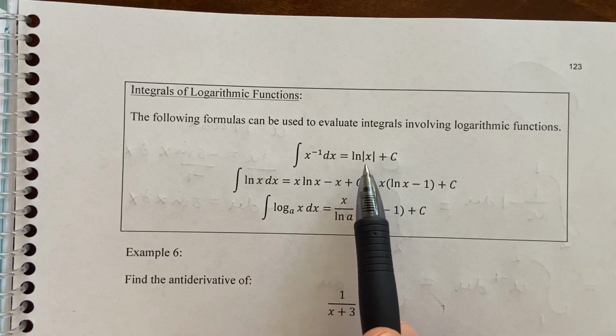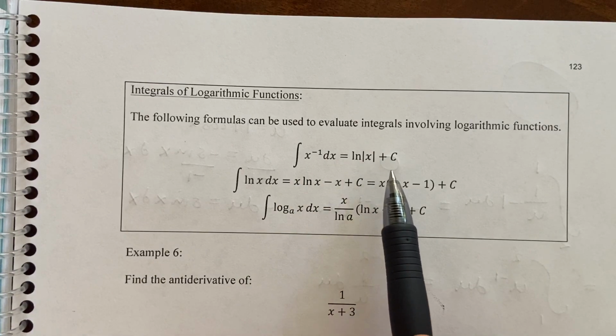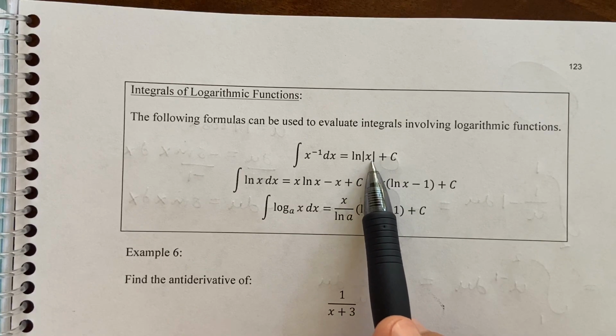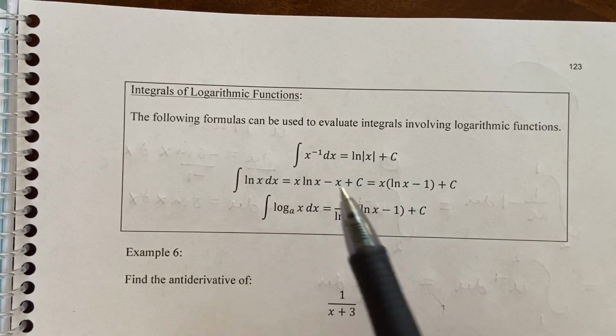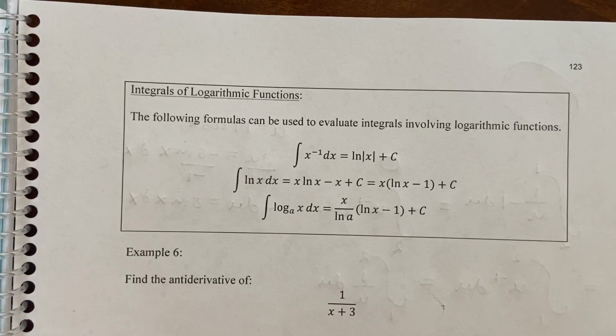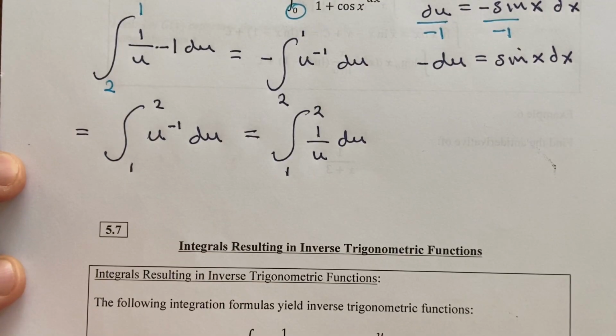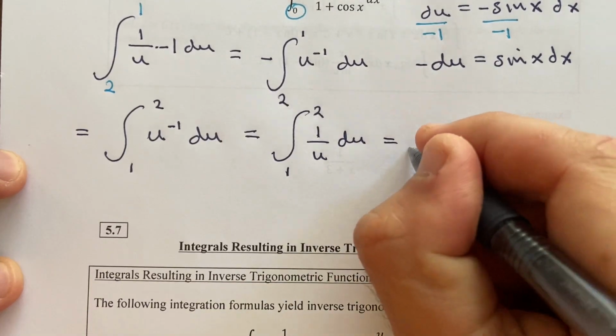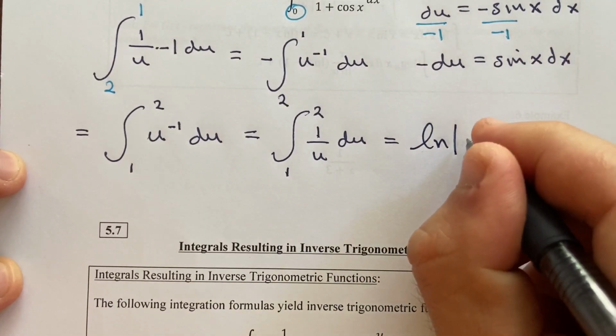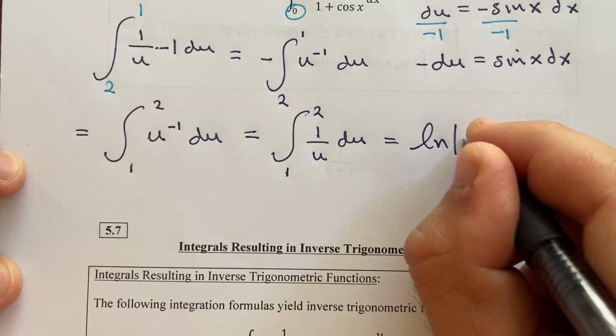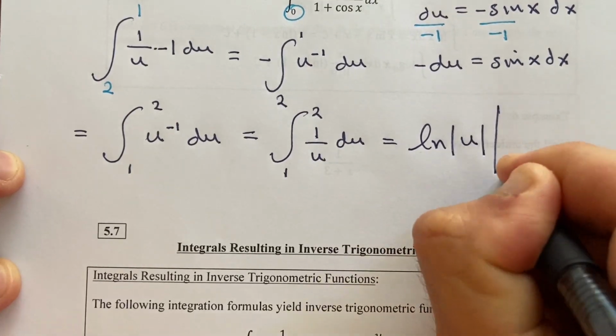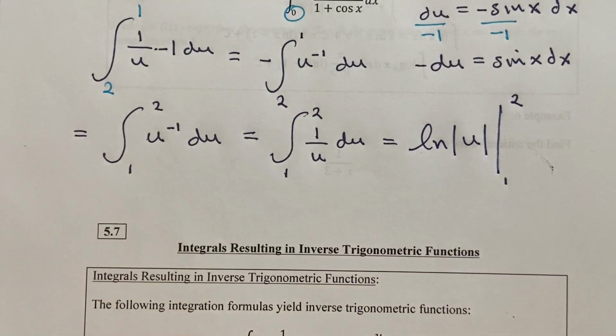That antiderivative would be ln of x, right? Take the derivative of this and you get this, actually. So ln of absolute value of u, and then we need to evaluate that from 1 to 2.